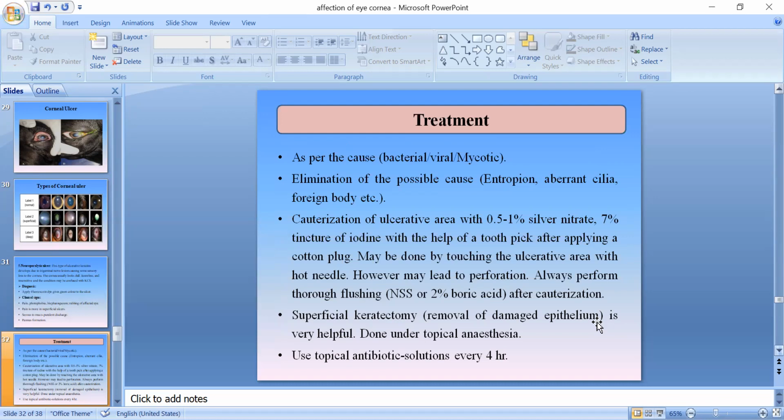It may also be done by touching the ulcerative area with a hot needle; however, this may lead to perforation. Always perform thorough flushing with normal saline. Superficial keratectomy is very helpful, done under topical anesthesia. Use topical antibiotic solution.